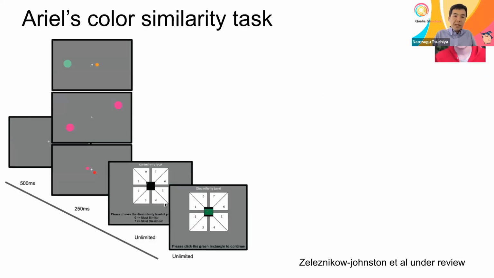So to convince these people who are skeptical about the conscious experience of the color in the periphery, Ariel did the following experiment. Ariel is the one who did that blue-green experiment at the fovea. Here again, the similarity rating is the one that we asked people to do at the fovea or close to the fovea, and also slightly in the periphery, like 10 degrees from the fovea, where the cone density should be very, very low.